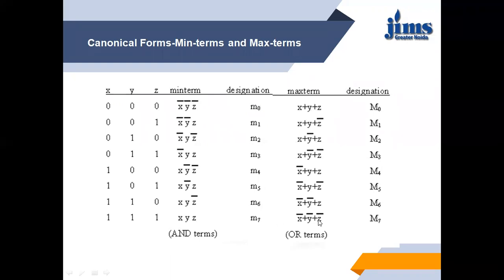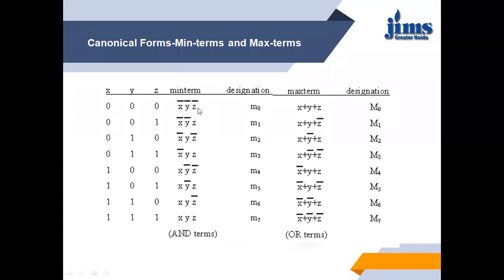So here, the designation of the min terms or the max terms is in capital form, that is, capital M0, M1, M2, M3. This subscript is the weight of the number. 000 stands for 0, so M0, and as a max term it will be written as x or y or z. In terms of min terms, it will be written as x bar, y bar, z bar.